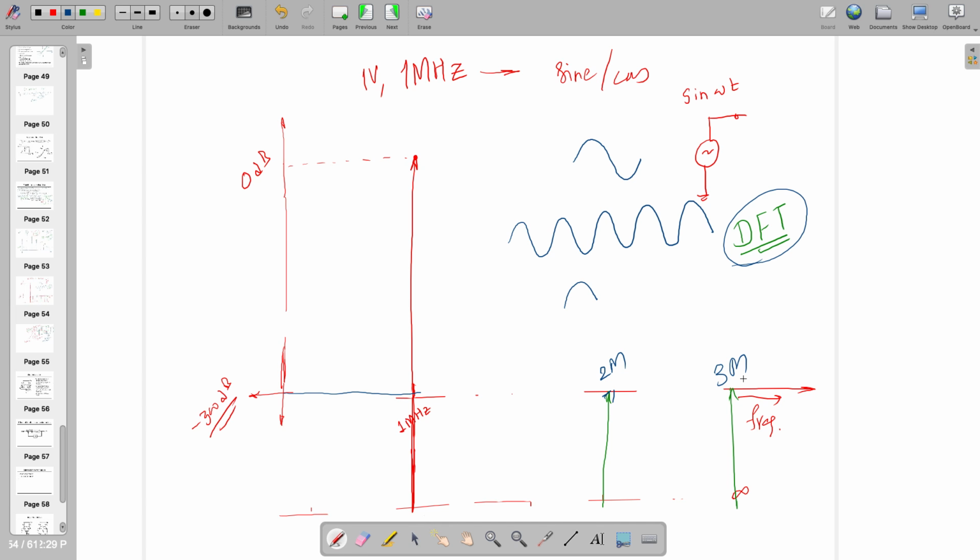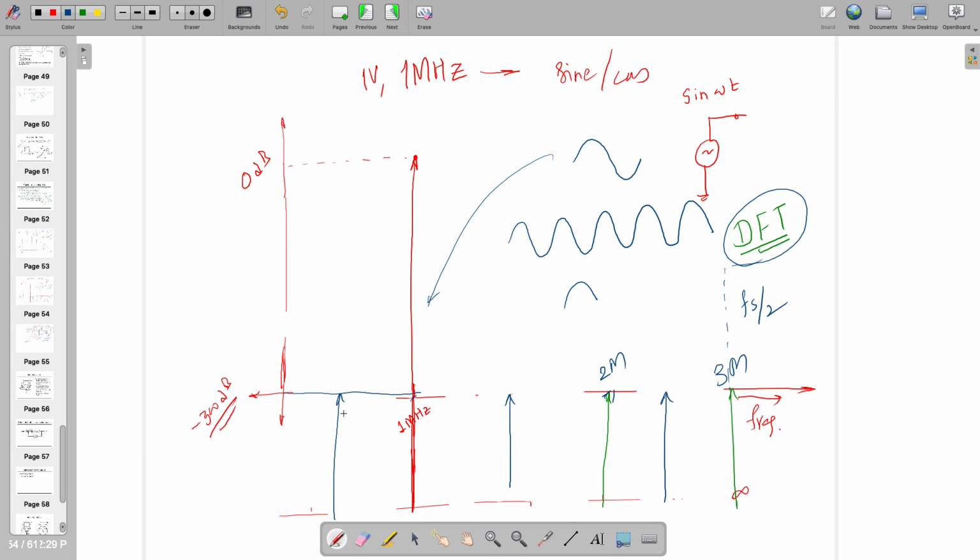So what do you think, Nishant, Shubham? Two cycles. Right now it's one cycle, because 1 mega, 2 mega, 3 mega, it's coming, right? And these are two cycles. And where you are doing this, the last point is fs by 2.